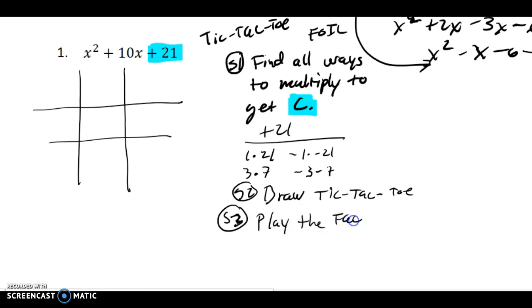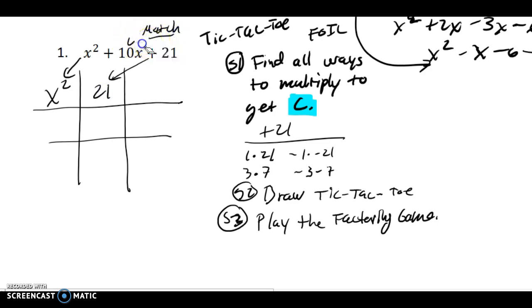It's the factoring game version. Okay, so to do this, x squared is going to go here. 21 is going to go there. And the 10x, we just match. We actually never use it. We match it. So we don't use it. So if you want to write a note about how you don't use it, that's okay with me.